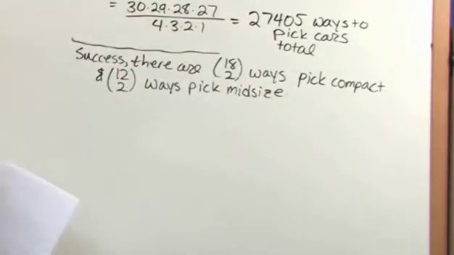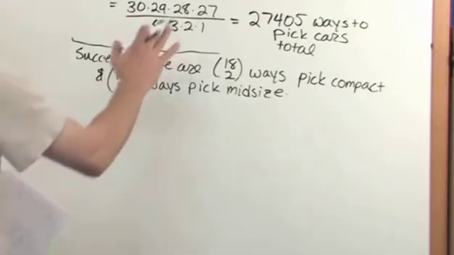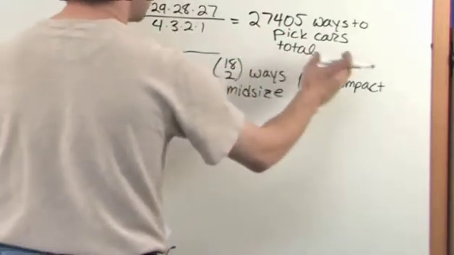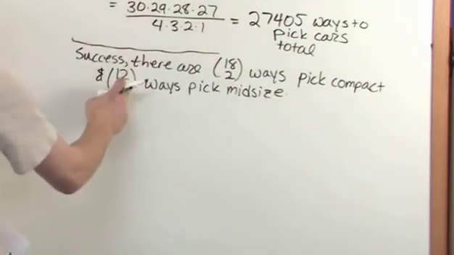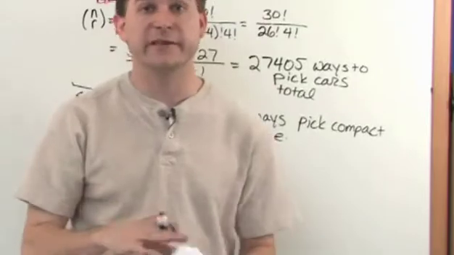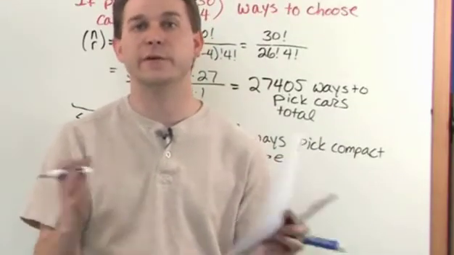Now the crucial thing that you really need to know here, and this is the part that's not very obvious when you first do this problem: 18 taken 2 at a time is the number of combinations to get a compact car, and 12 taken 2 at a time is the number of ways to get a mid-size car. What I'm interested in is the total number of ways to get 2 of each type.